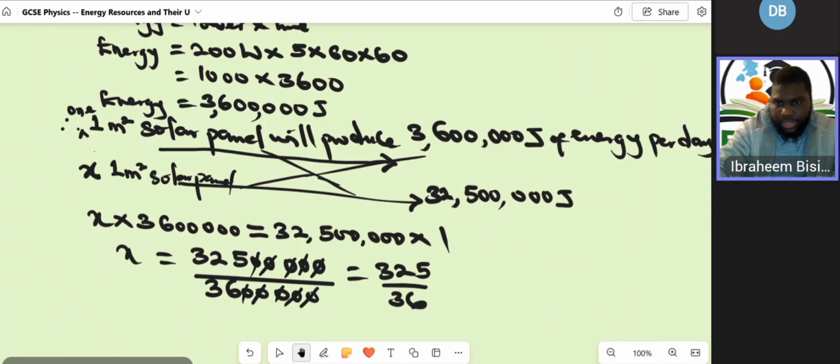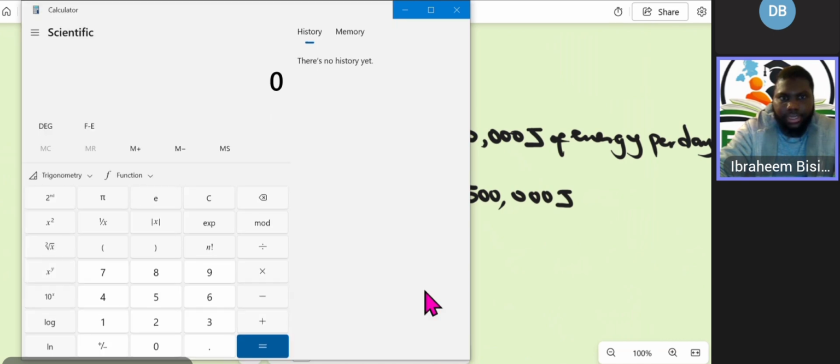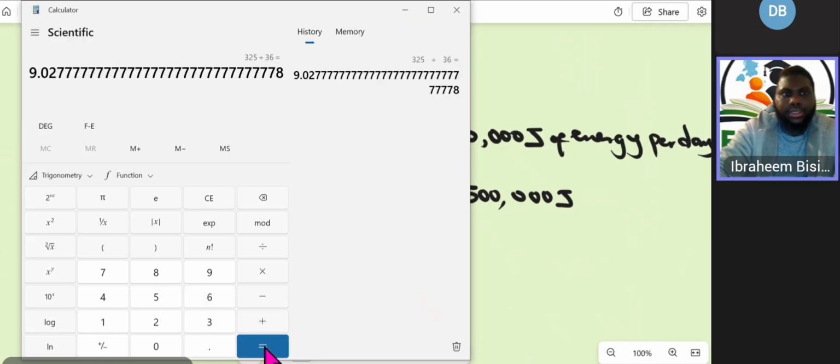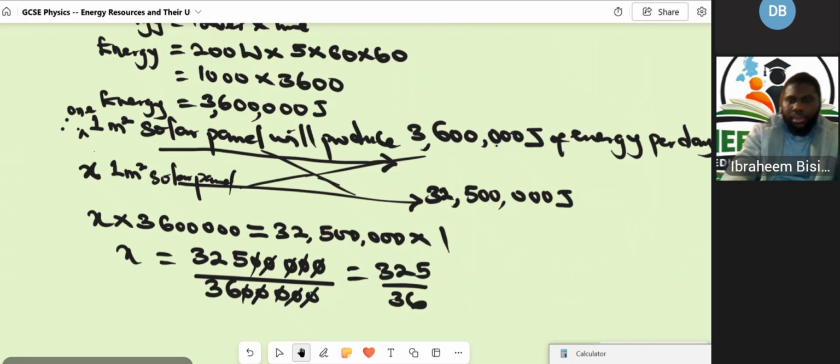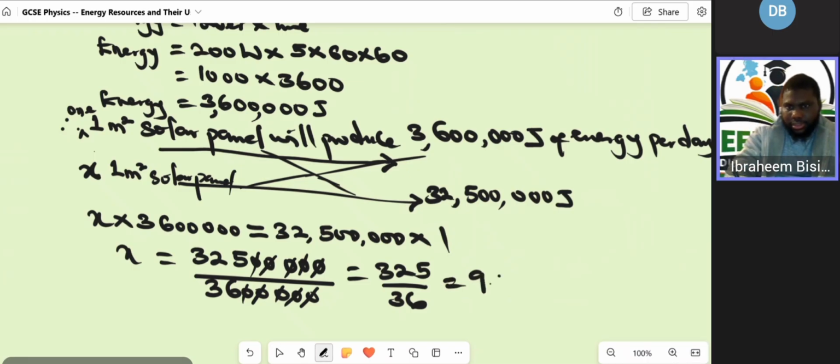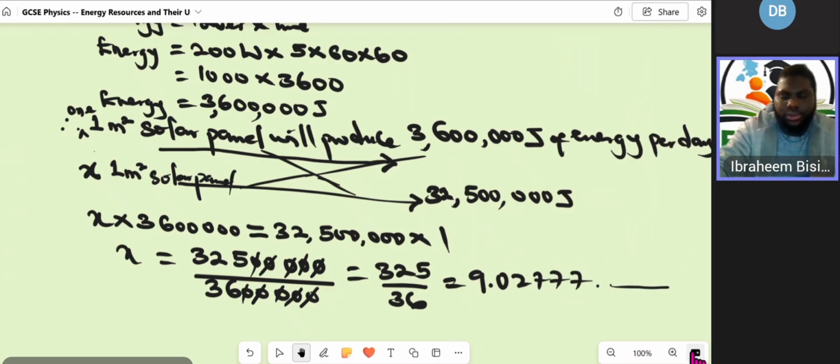Let's use the calculator for that. 325 divided by 36 is 9.0277 and so on. So this is the number of 1 square meter solar panels that we need.